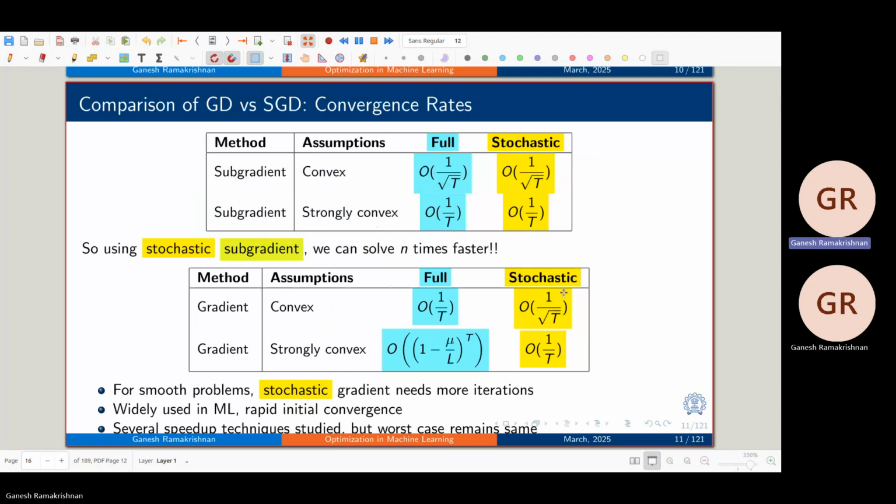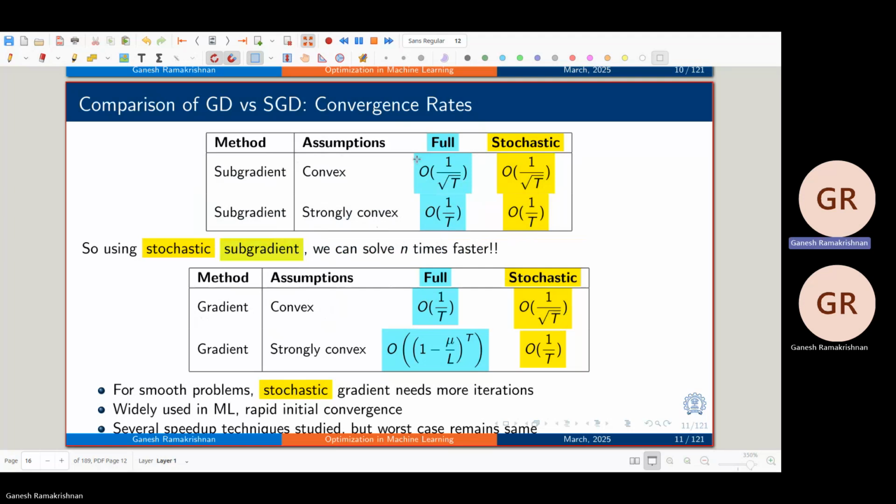When you do stochastic, you get 1 upon square root t, right? With subgradient, the stochastic is 1 upon square root t, and the full is also 1 upon square root t.